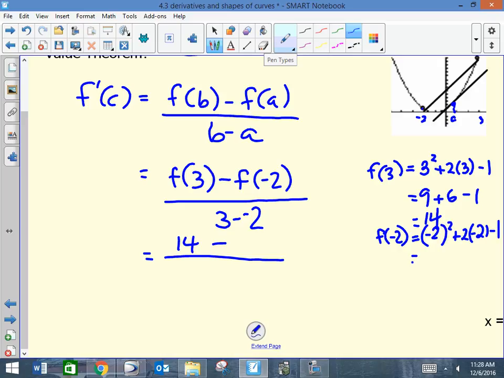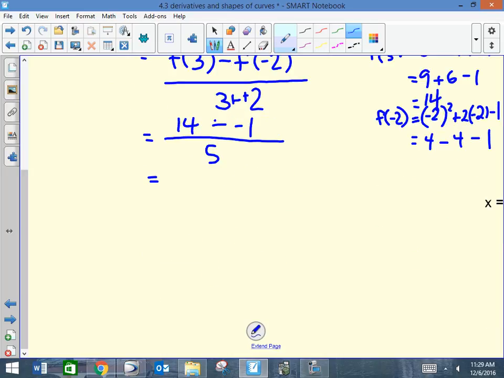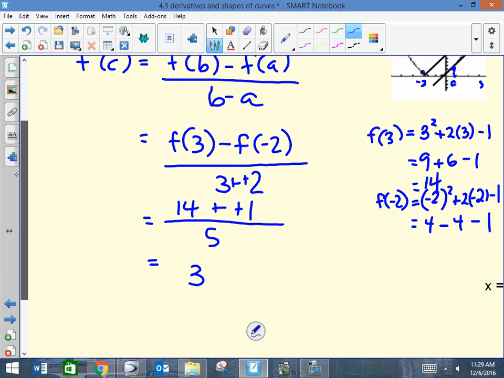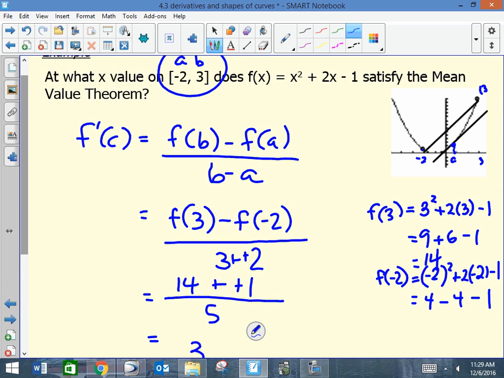All right. So 4. It is -4. You're right, Hannah. Okay. Good job. All right. And then we have what on the bottom? 5. All right. Let's keep going. One more step. What is that? 3. Okay. So what does that mean to this figure? That's the slope of this right here.